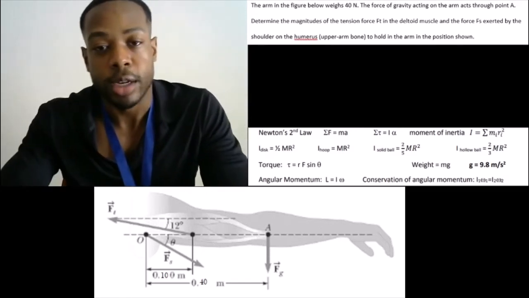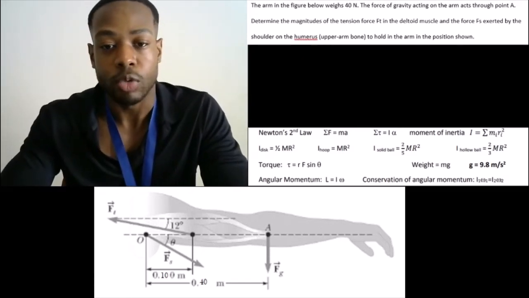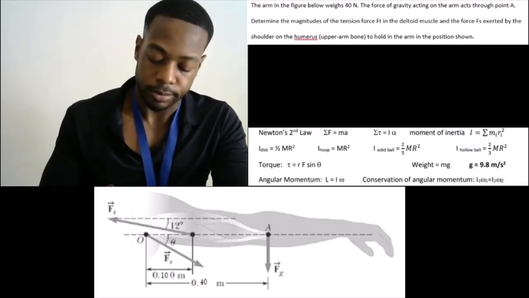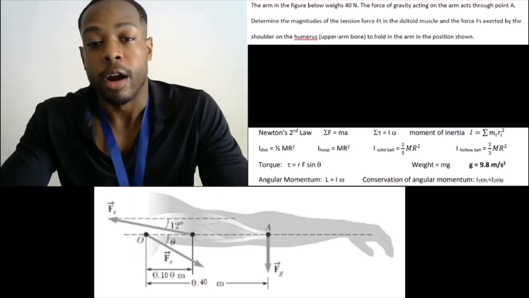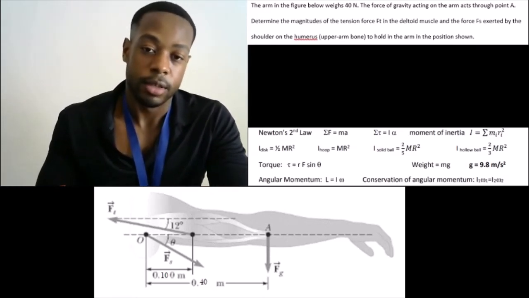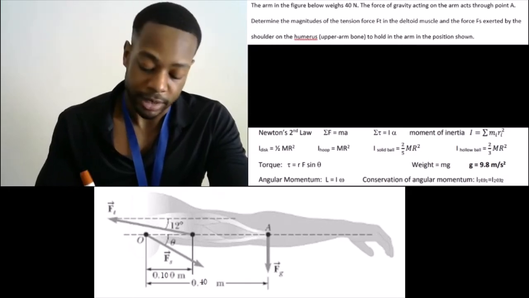If you said cosine of 12, exactly right. So force T cosine of 12 is going to be our first X force. Our X component of force S is going to be, let's actually just say force S, X.